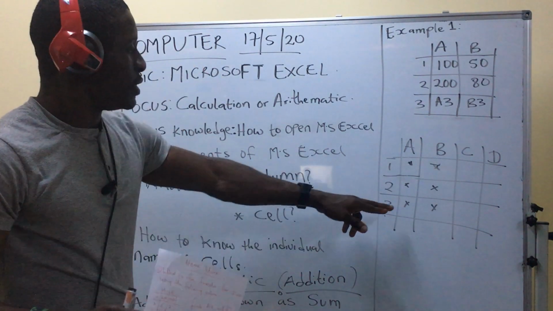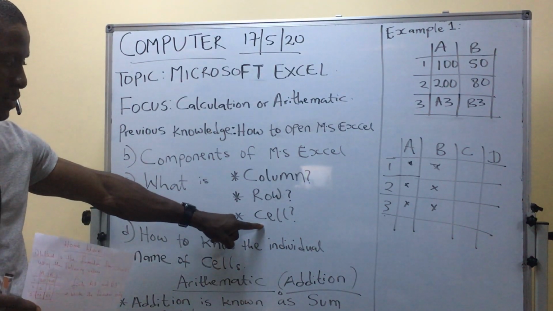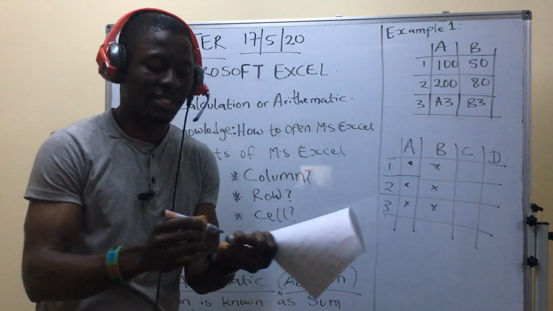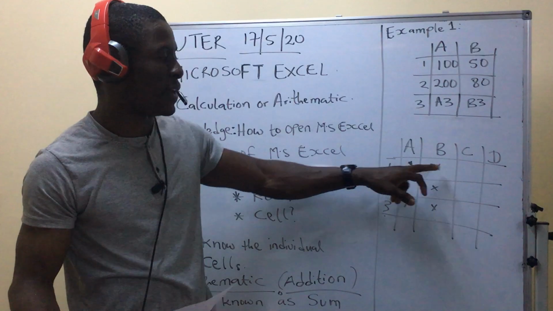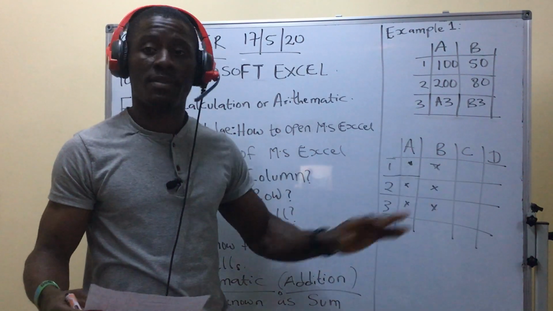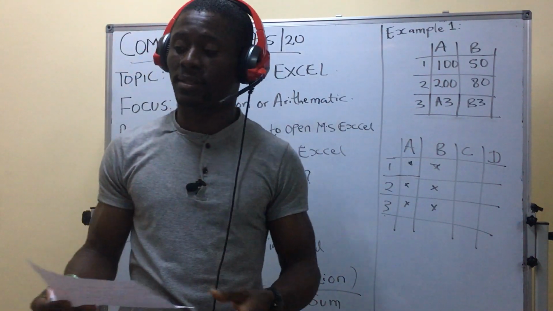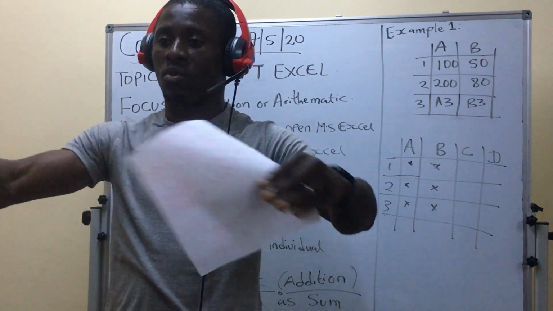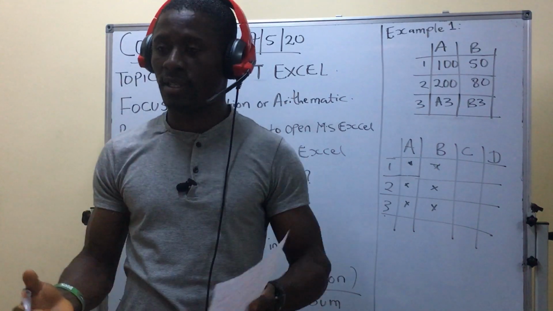All right. So the next one is cell. Cell is the general name given to all these boxes. All these boxes, their general name is cell. For example, in a class, the name you call everyone seated learning in a class is student.